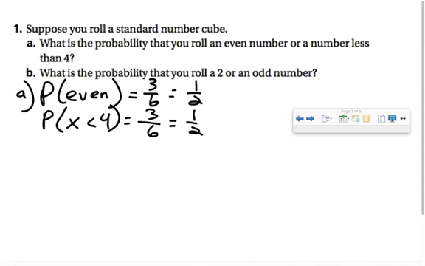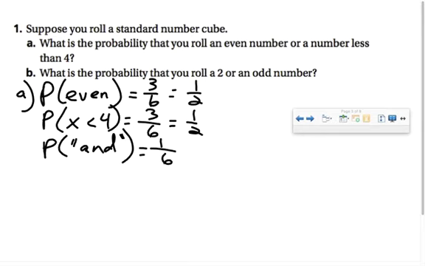But these events are not mutually exclusive. I have even numbers that are less than 4, namely 2. Okay, so the probability of my "and" is 1 over 6.